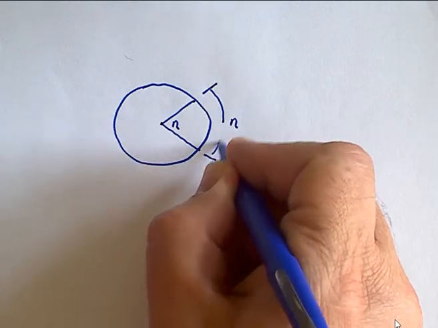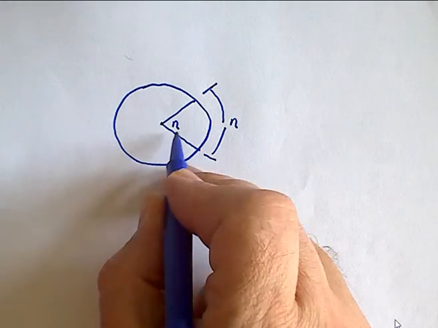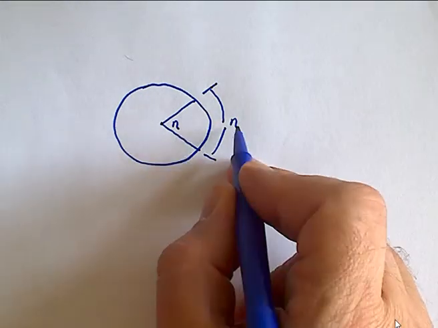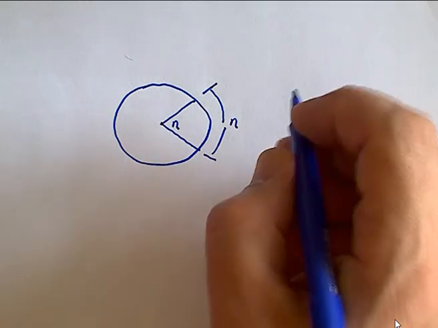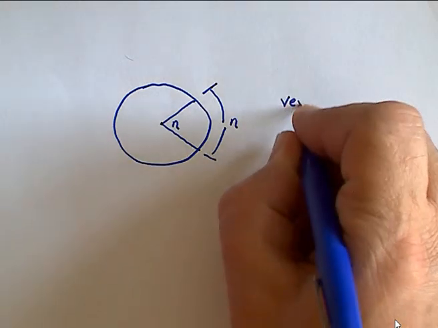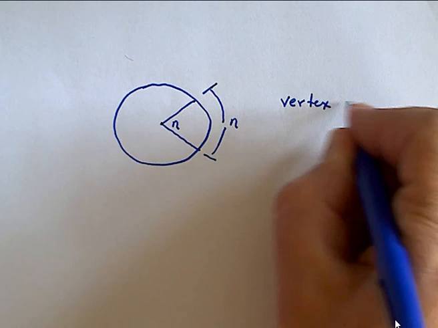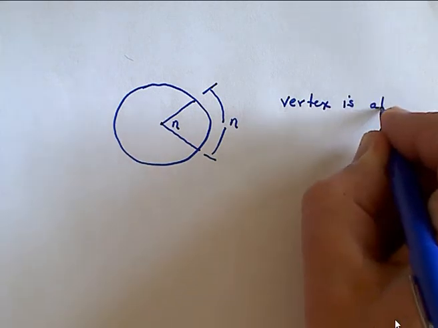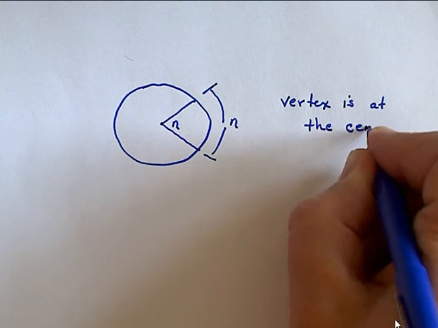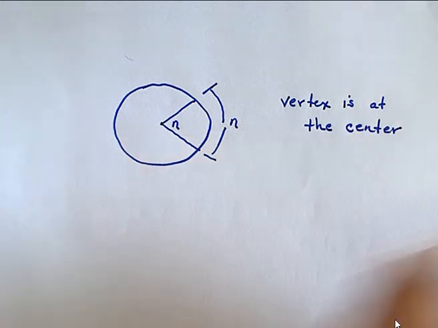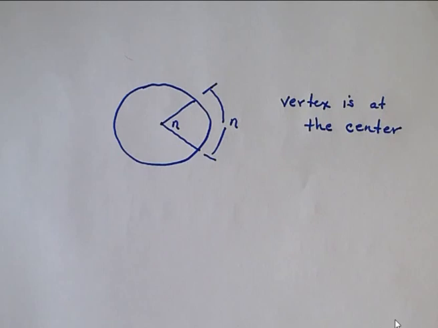So if this is n degrees, then so is this. These must be the same. And I repeat, when the vertex is at the center, this is always true.